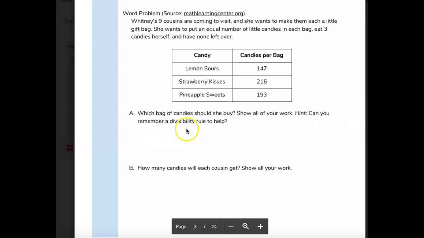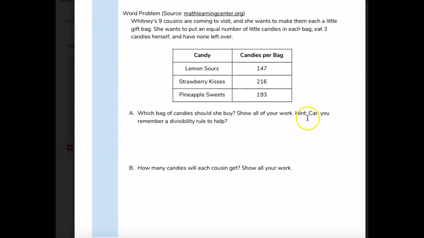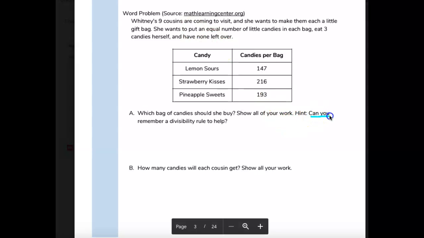Okay, can you remember a divisibility rule to help you? Okay, well, I think it's nice that they put that hint there because that hint helps a lot. All right, so first thing we have to do is let's look at the lemon sours first. So she has 147.